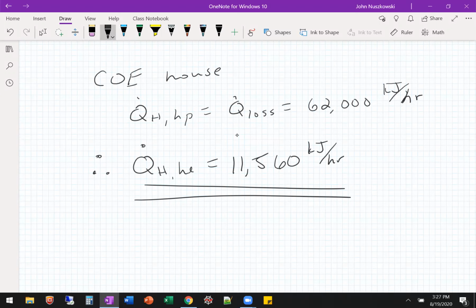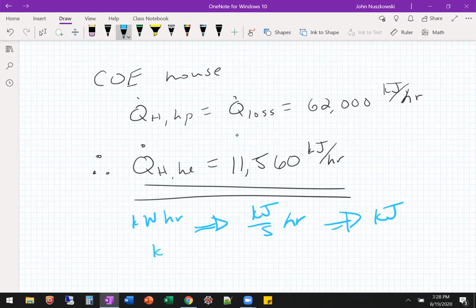Is kilojoules per hour the same as kilowatt hours? No, kilojoules per hour is a rate. Kilowatt hours is actually not. Kilowatt hours are kilojoules per second times hours, so you can get rid of the units and just get kilojoules, right?